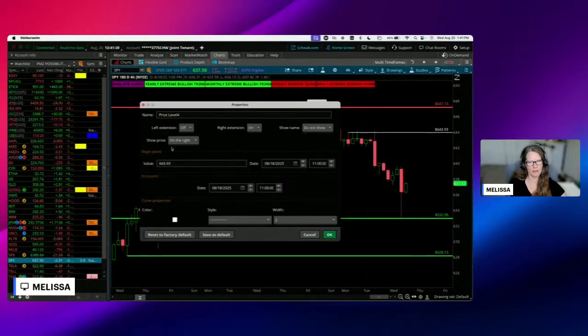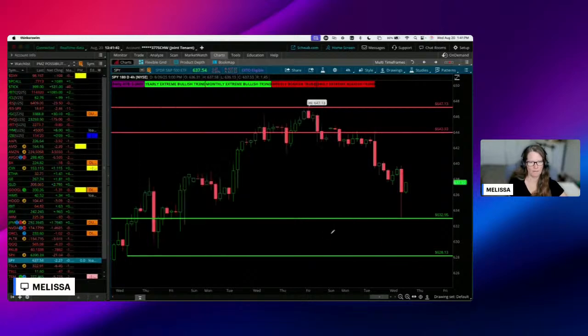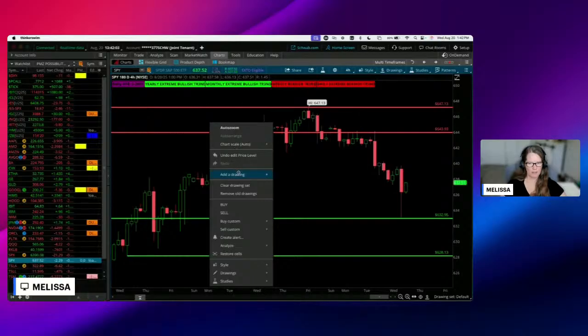I'm going to color this red again because it is the ceiling or selling pressure up here. And there we have it. So now we have resistance, or the ceiling, where once price gets into this zone, the market turns to the downside. This is our resistance.